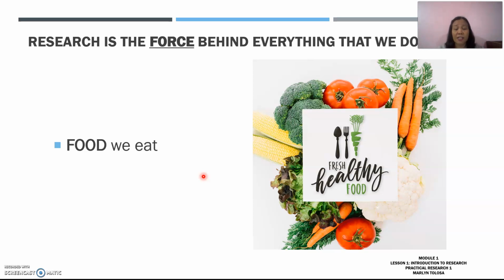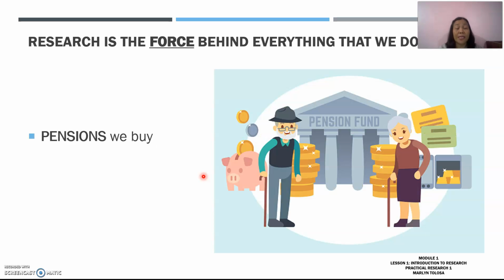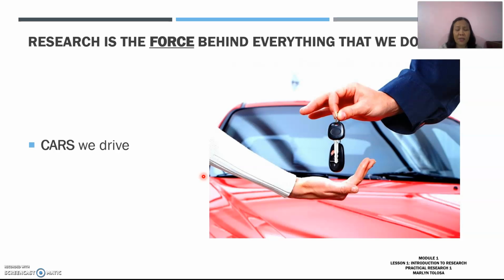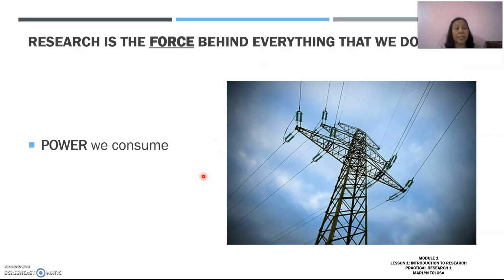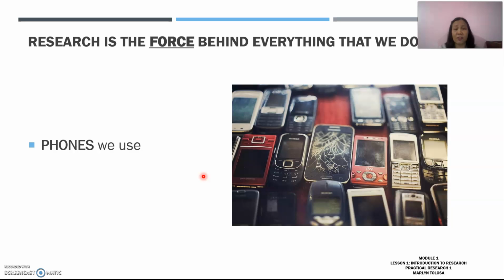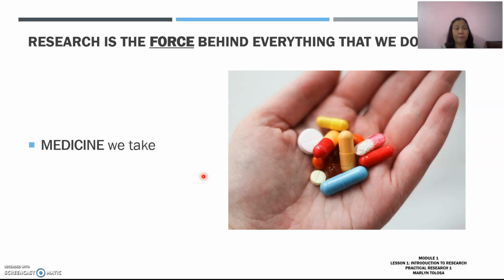The decision we make as regards the food that we are going to eat, the pension that we buy, this is our preparation for retirement, what we consider in purchasing a car or any vehicle for that matter, the power we consume, specifically to sustain our necessities in life, the gadgets that we buy, like our phones, or the medicine that we take. All these informed decisions are supported by research.